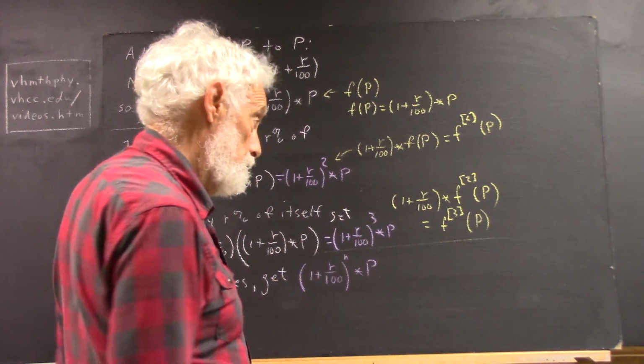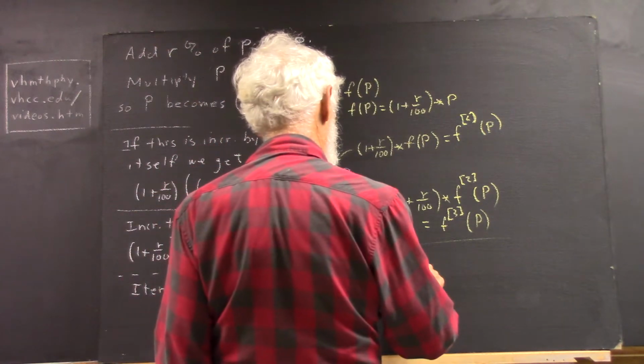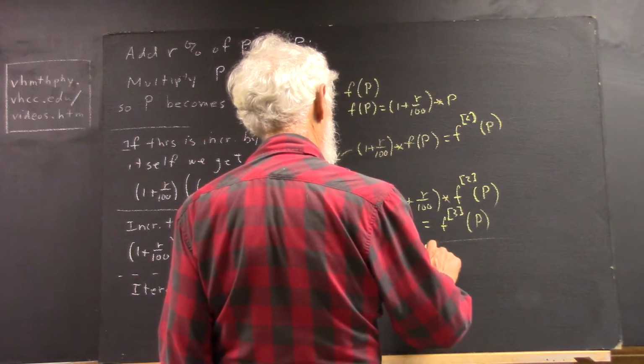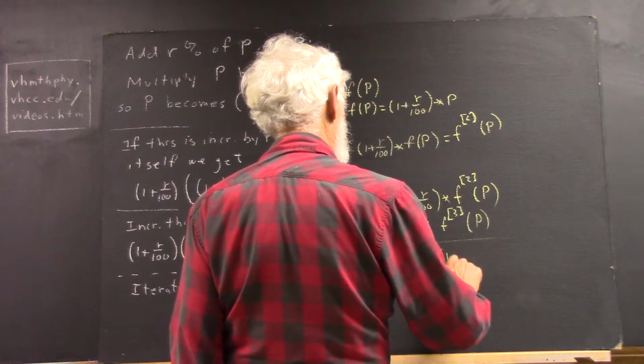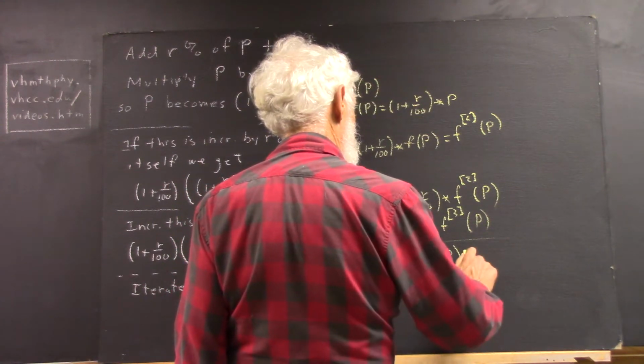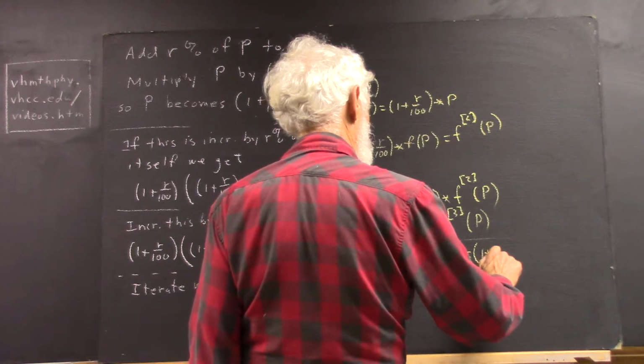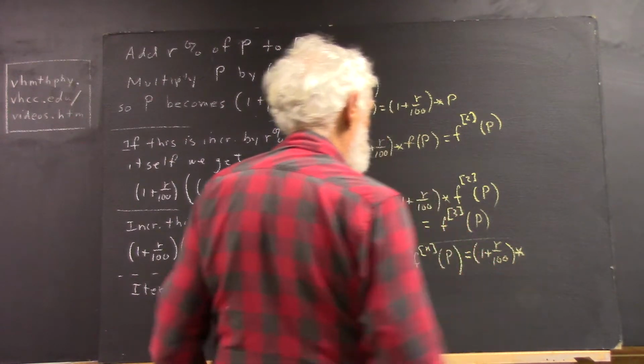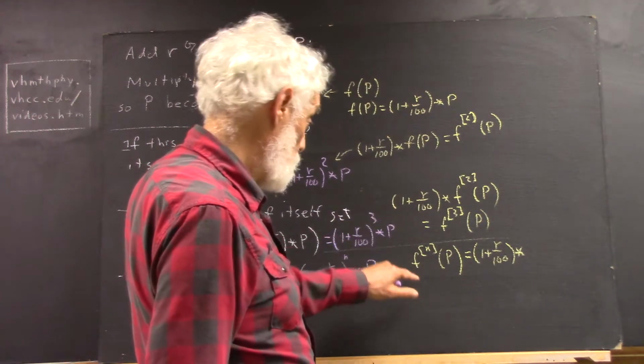Now down here, there's no reason I can't call this fn of p, and that would be equal to 1 plus r over 100 times whatever we had before. What would we have had before?